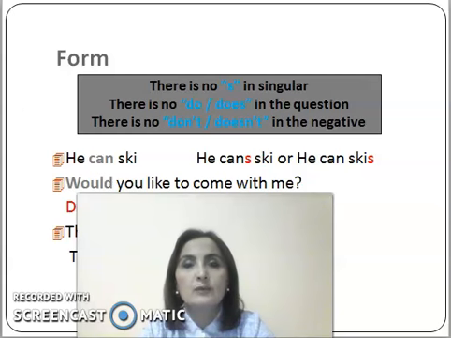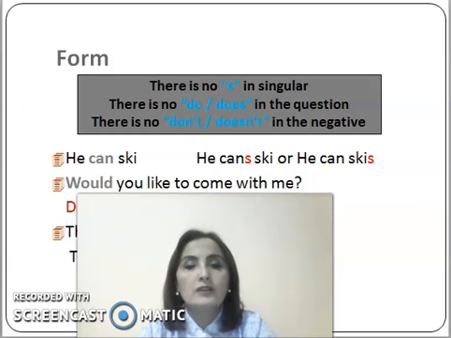As we have just mentioned, here we have placed the modal verb can between the subject and the main verb. So we never say he cans ski or he can skis. That is why there is no suffix s in the singular.